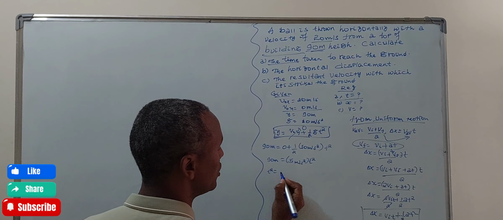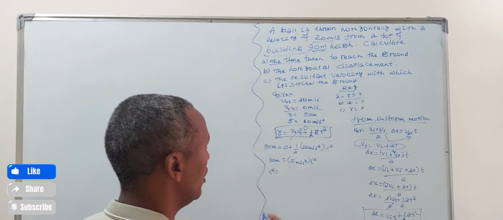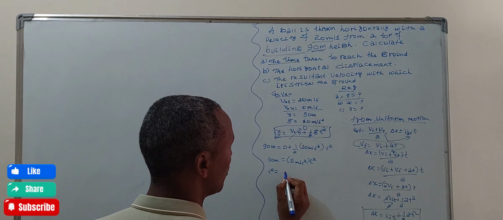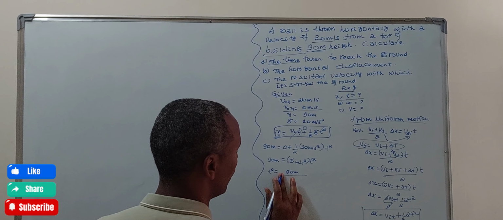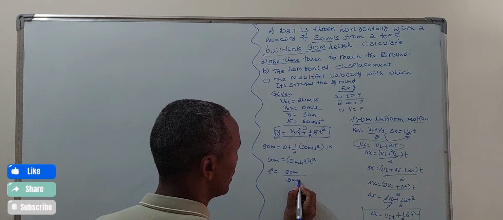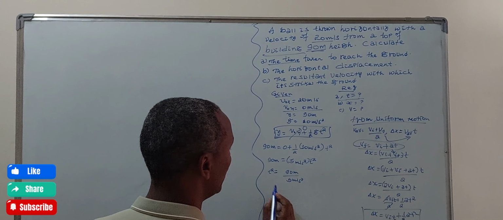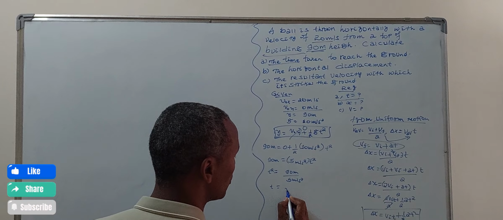Therefore, t squared is equal to 90 meters over 5 meters per second squared. So t is equal to the square root of how much?